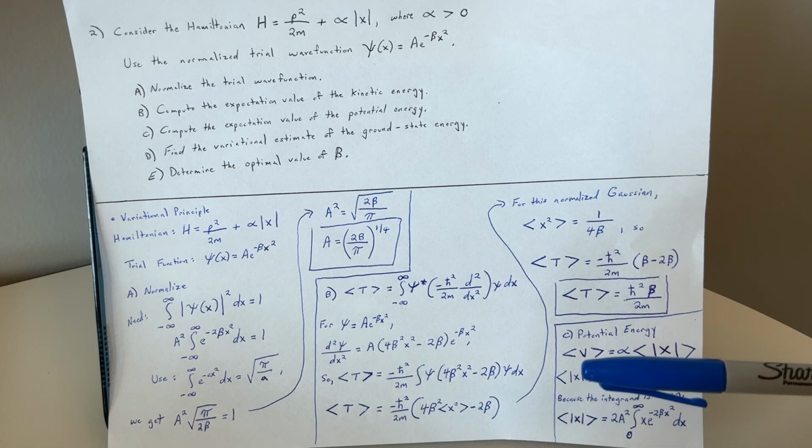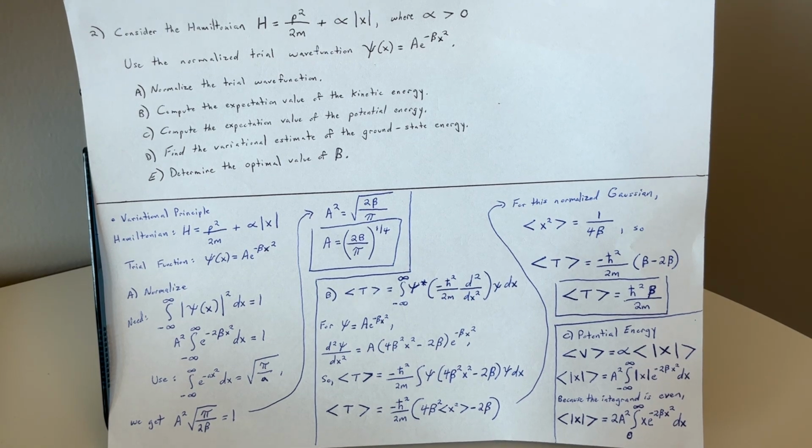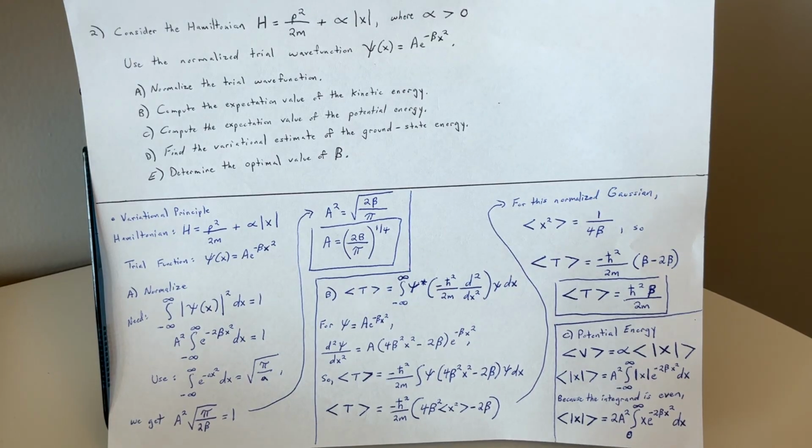So the expectation value of modulus x is going to equal a squared times the integral from negative infinity to infinity of the absolute value of x times e to the negative 2 beta x squared dx.